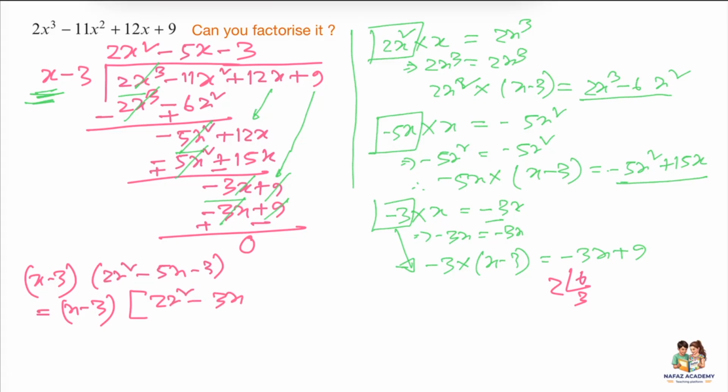It would be the correct one or wrong one, I don't know. Let's see. Maybe it would be the wrong steps. Okay, no problem. Let's see. 2x minus 3 common, x plus 3. So it is a wrong step.